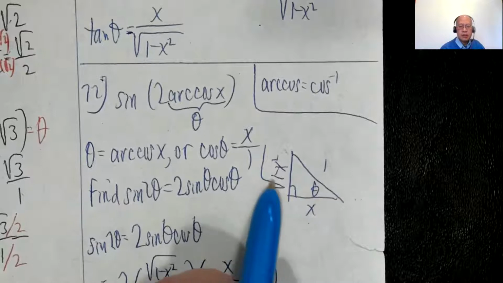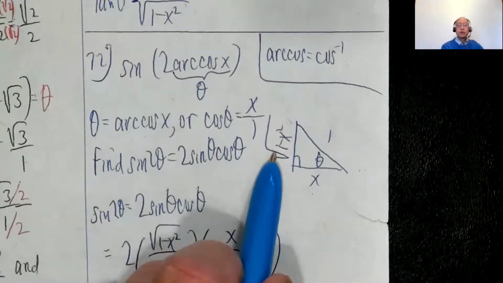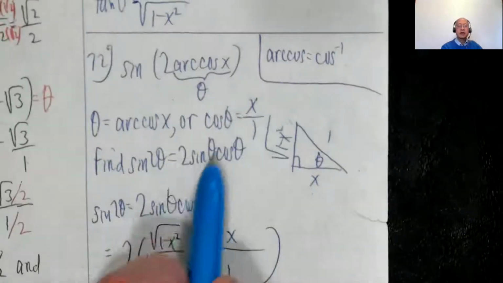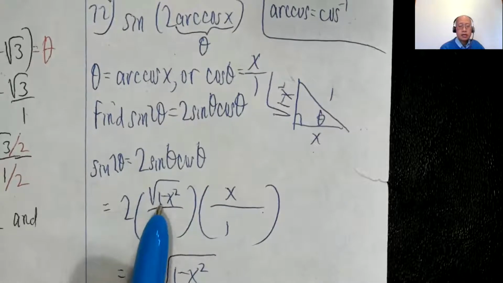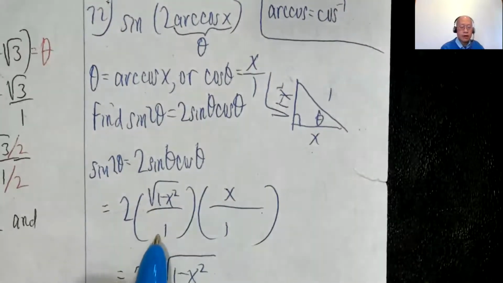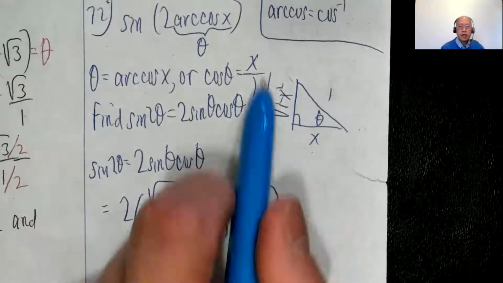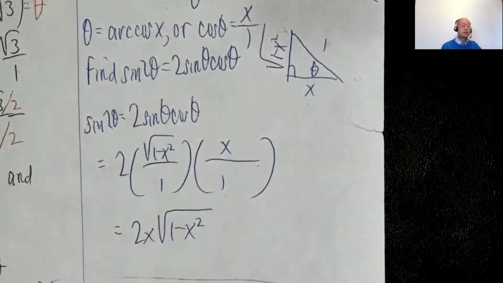So algebra is the same as this and this. It's radical 1 minus x squared. So I'm trying to find sine of 2 theta, which is 2 sine theta cosine theta. So sine of theta is opposite over hypotenuse, radical 1 minus x squared divided by 1. And cosine of theta is x over 1. So final answer is 2x radical 1 minus x squared.